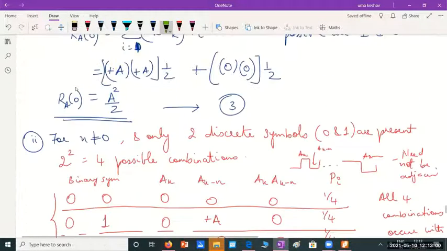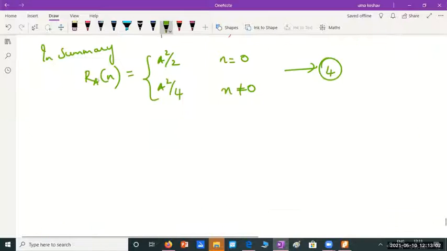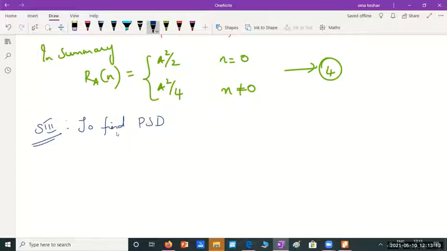Now after this we should move on to step 3. What is step 3? Step 3 is to find power spectral density. Do you remember the equation?